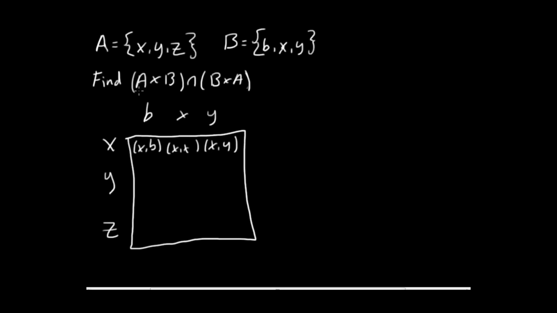Remember that since you're getting the cross product of A times B, the first element in the ordered pair is always going to be an A element. In this case, there are some shared elements, so it'll look like that's an element from B, but really that's A's X, not B's X. And we'll go on down and finish out our table.